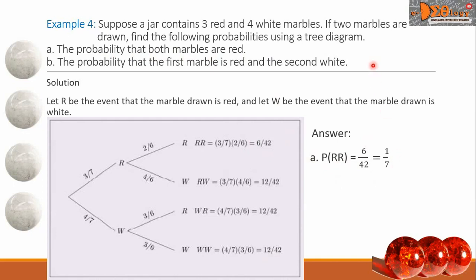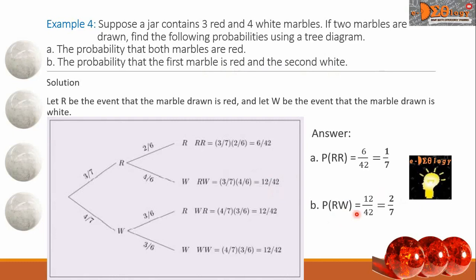Next, for letter B, the probability that the first marble is red and the second white, we have P of RW. This is our answer, 12 over 42. Let us reduce this to lowest terms, dividing the numerator and the denominator by 6, and the answer will be 2 over 7. So this is our final answer.